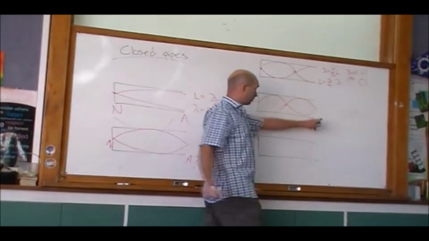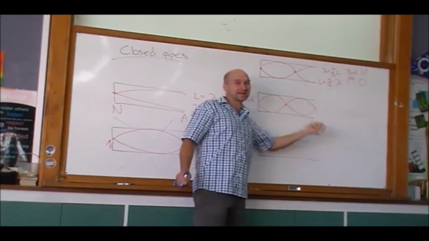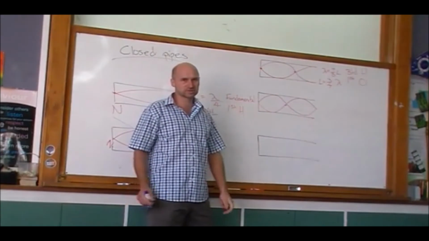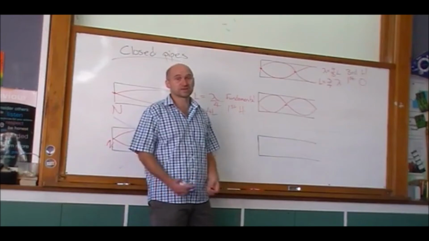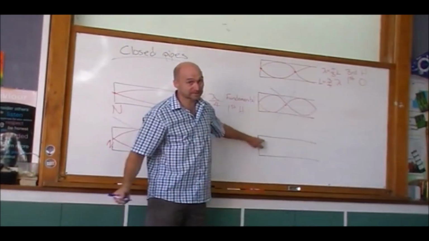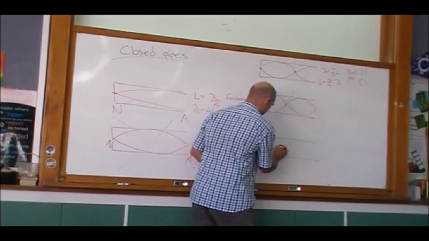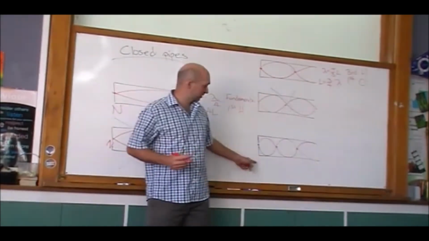It's just not possible. We're trying to make a node occur at an open end or an antinode occur at a closed end, and that's just not possible. That's physically impossible, so that resonance does not happen. This one does. And it looks something like that.